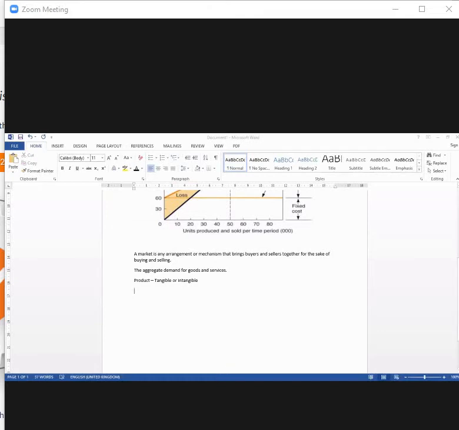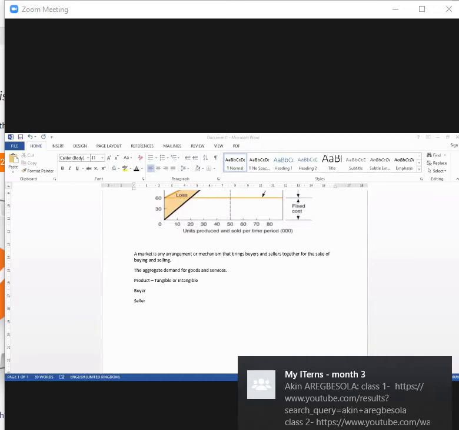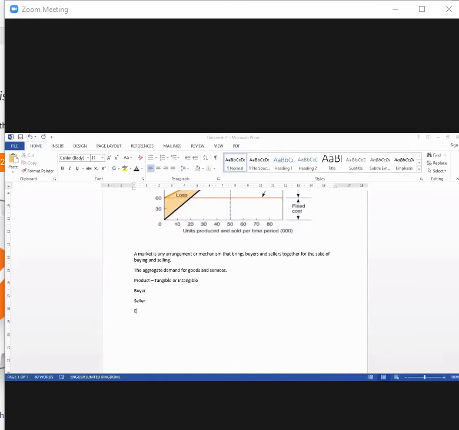So the bottom line: a product can be tangible or intangible. When there's a product to be bought and sold, there is a market. Then there is a buyer, the person to whom the service or product is offered. Then there's a seller, the offerer of the product. And then there's an exchange value, which is the price.